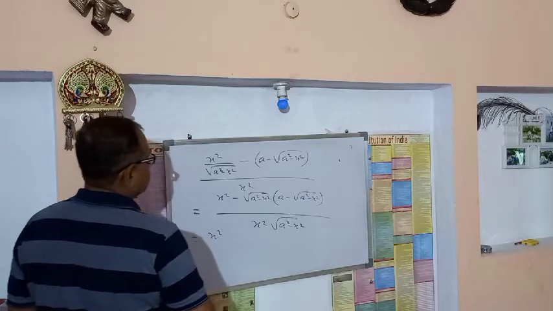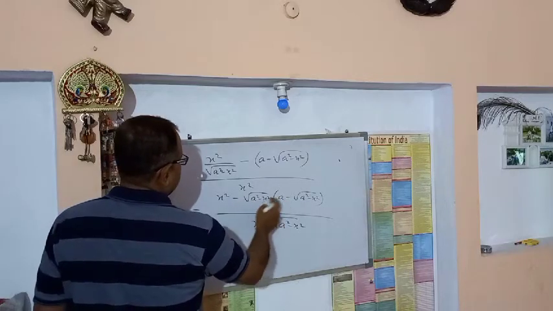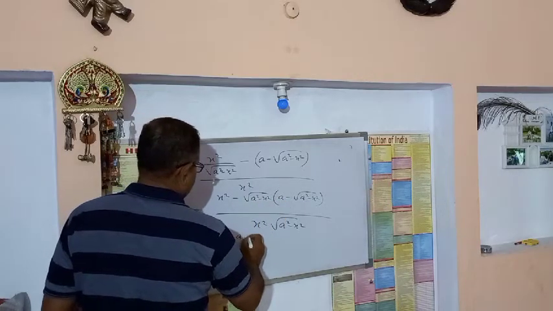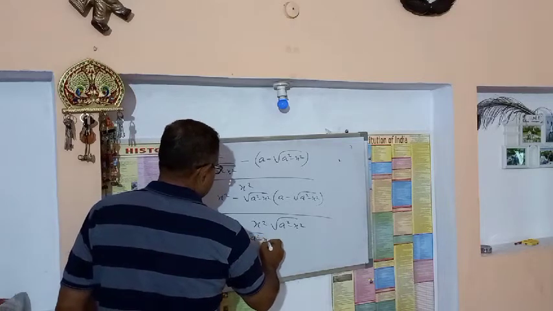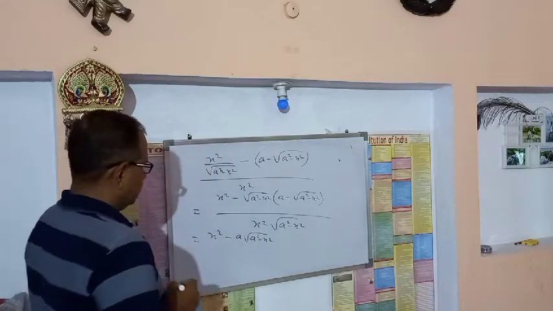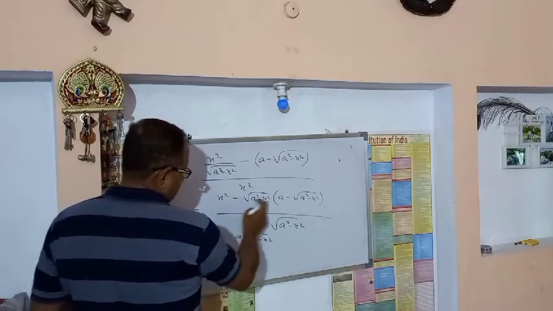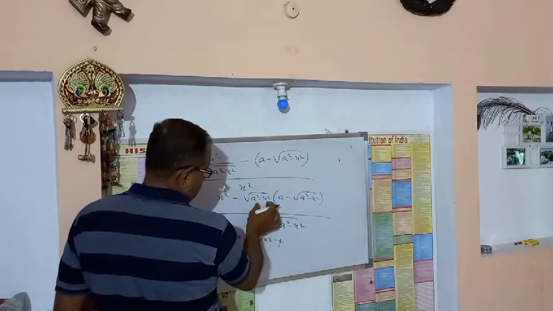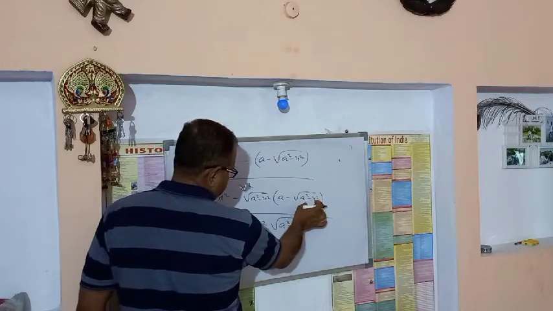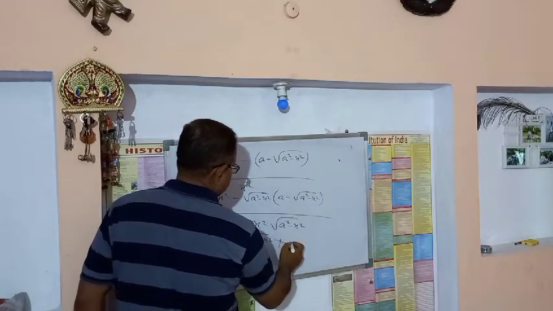So x square, open the bracket, minus a into under root a square minus x square. Minus into minus plus a square minus x square into under root a square minus x square.